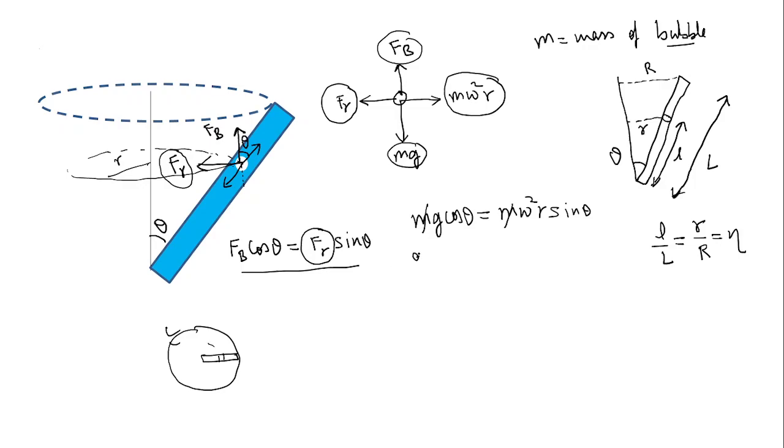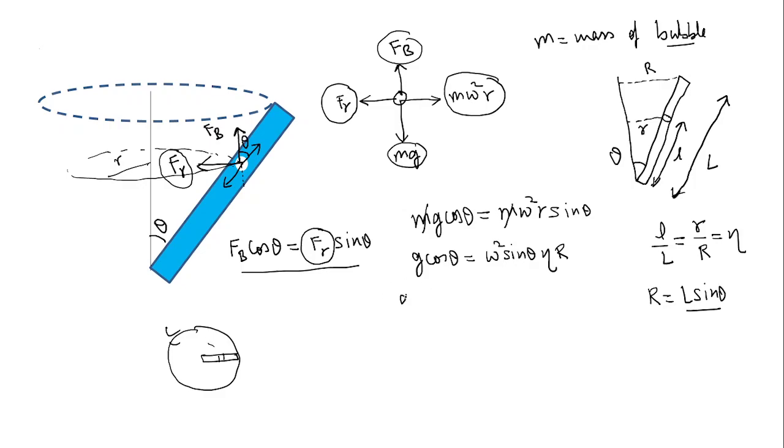So g cos theta is omega square sin theta times small r, which is eta times capital R. And from the bigger triangle, capital R is nothing but L sin theta. So put that.